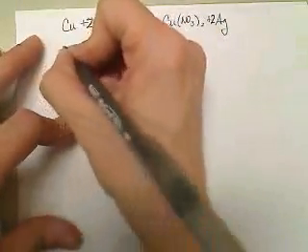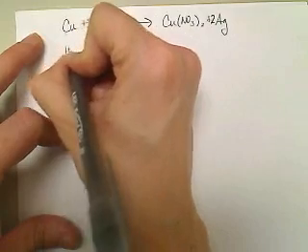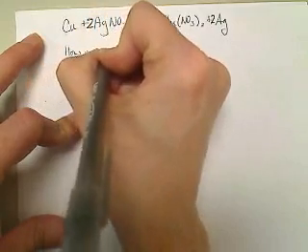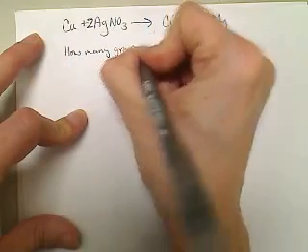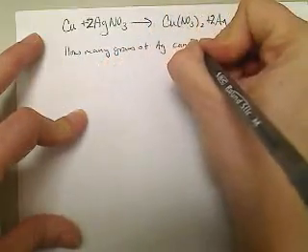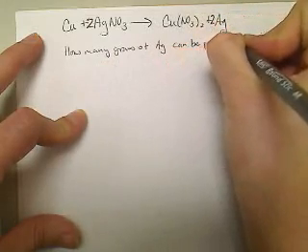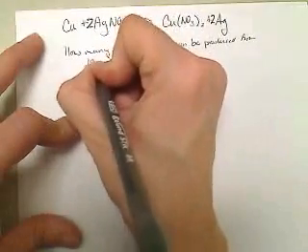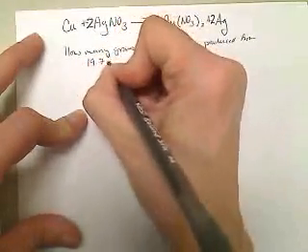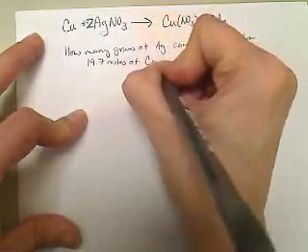All right, so let's say that we're asked, let's say you said, how many grams of silver can be produced from 19.7 moles of copper.